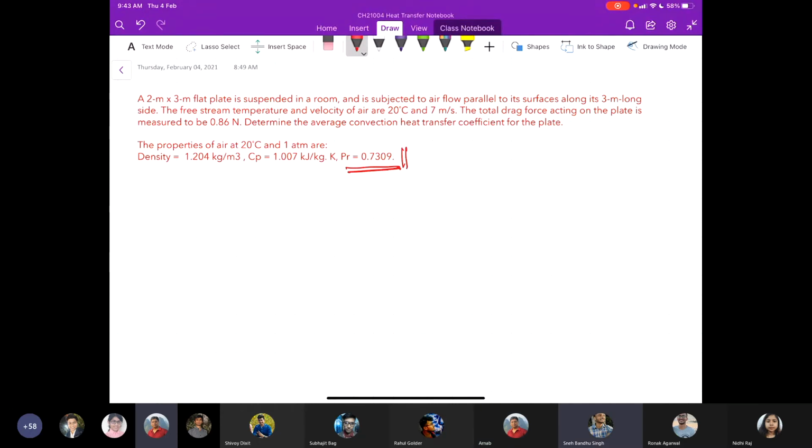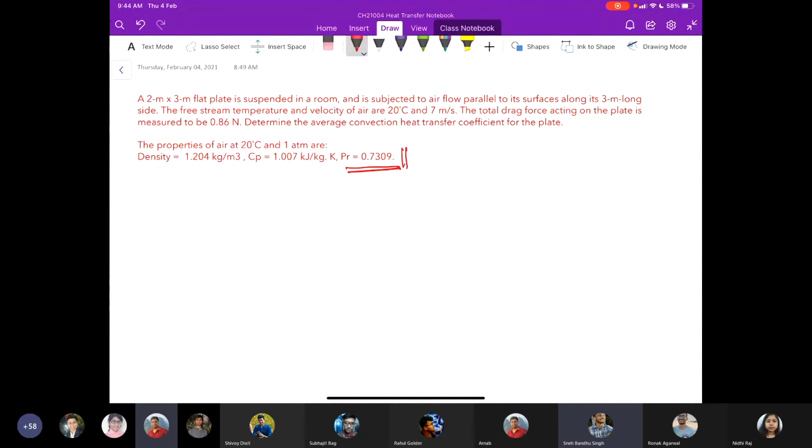Yes, sir. Doing. Yeah, please do that. So first of all, what would you do? First, I will find the skin friction coefficient. Right. And how do you do that? By that formula, tau divided by, because you know the force, so we will know tau on the plate.